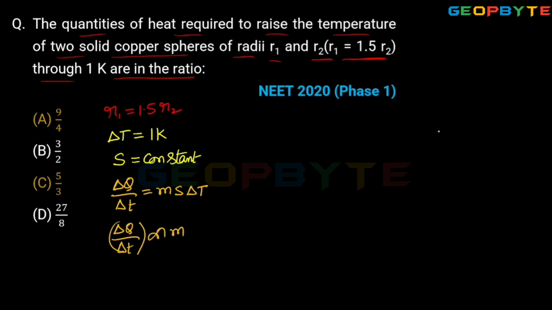But what is the mass? As you know, density rho equals mass by volume. From this, mass equals density multiplied by volume.